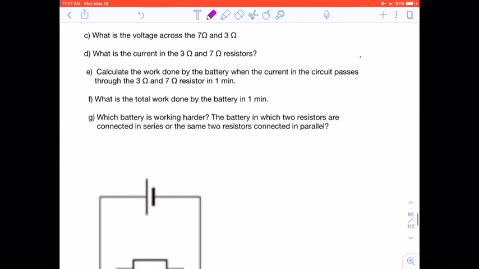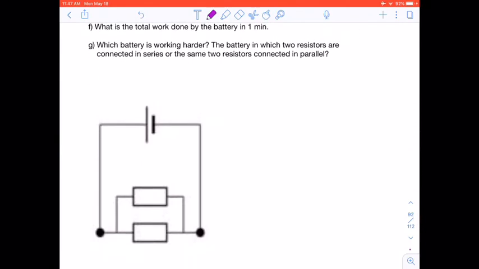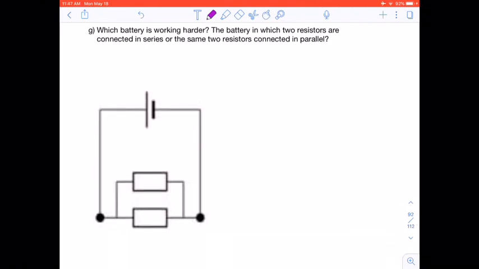We already have a circuit, so let's call this 3 ohms and that 7 ohms.